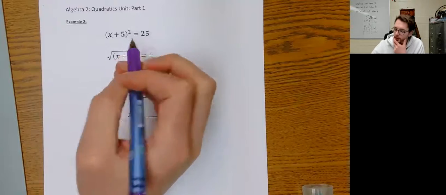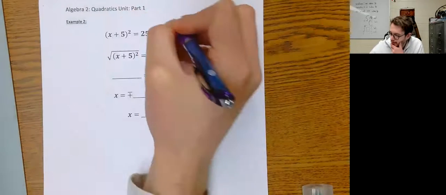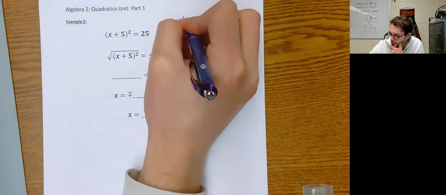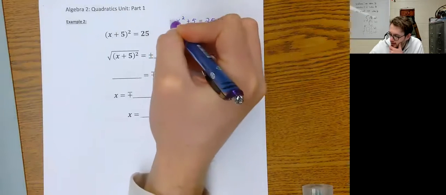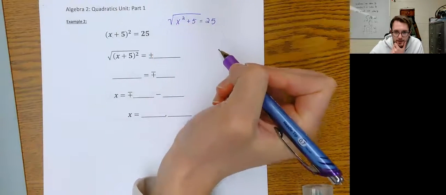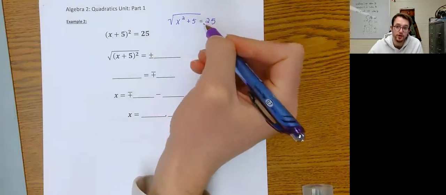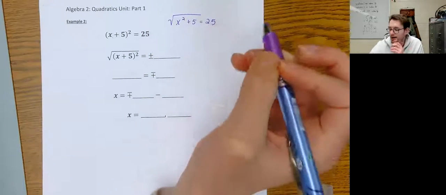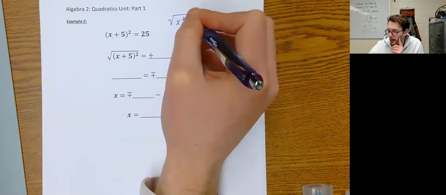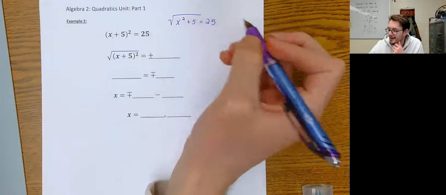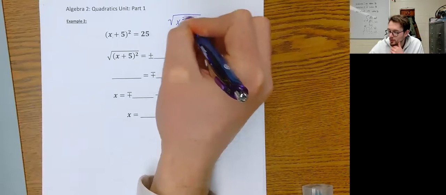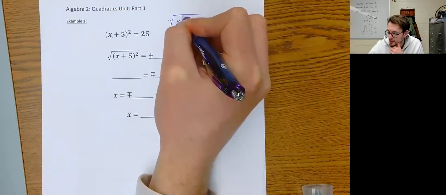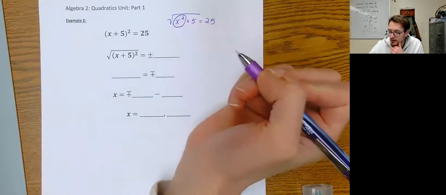Well, I want to make this very clear that if this was x squared plus 5 equals 25, you can't just take the square root of this whole thing. I mean, you could, it wouldn't help. And the reason you shouldn't do that is that this whole thing isn't being squared. The only thing being squared here is the x squared.